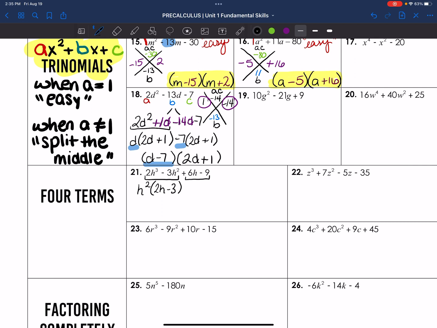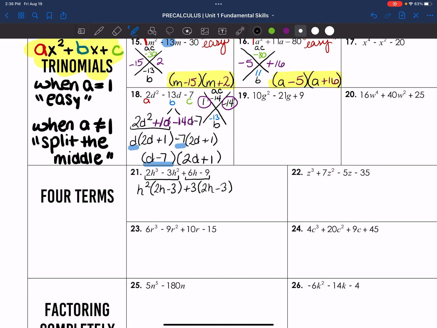From our second grouping, what do we have? What would be our GCF? That would be a positive 3. Leaving inside, if I divide 6h by 3, that's 2h. And if I divide that negative 9 by 3, it is a negative 3.